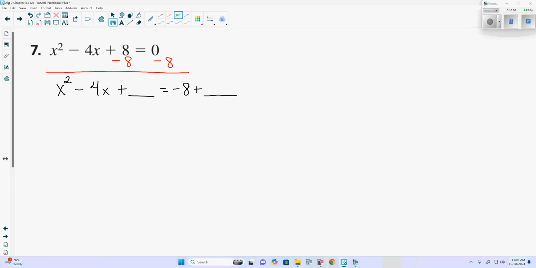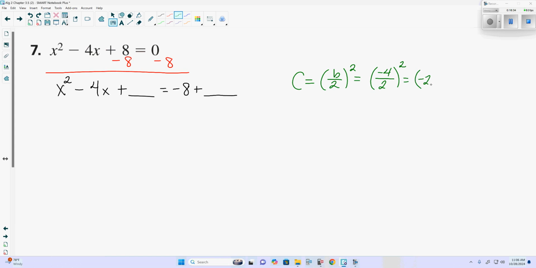Next thing we need to do is find the value of c, which is equal to b over 2 squared. And our value b in this case would indeed be negative 4, because our b term is the number in front of x and its sign. So we have negative 4 over 2 squared.